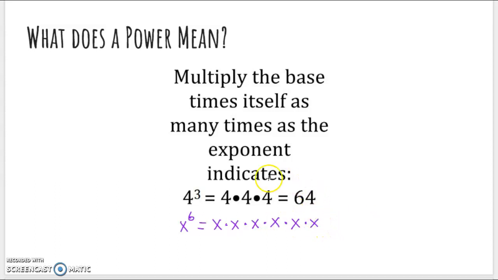A big one that gets students is, for example, that when you do -1 squared, you always end up with a positive number, because this really means -1 times -1, 2 times. And -1 times -1 is a positive 1, okay? That's what a power means, and that's what your exponent means on whatever given base you have.